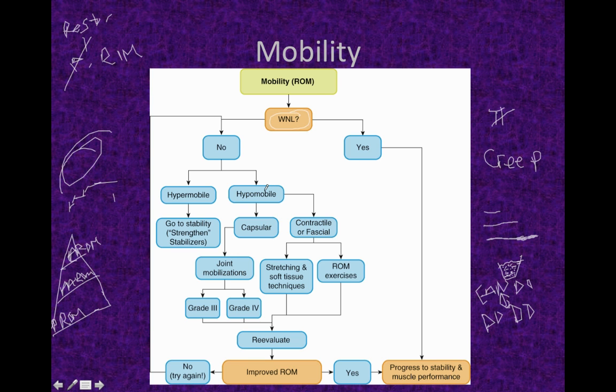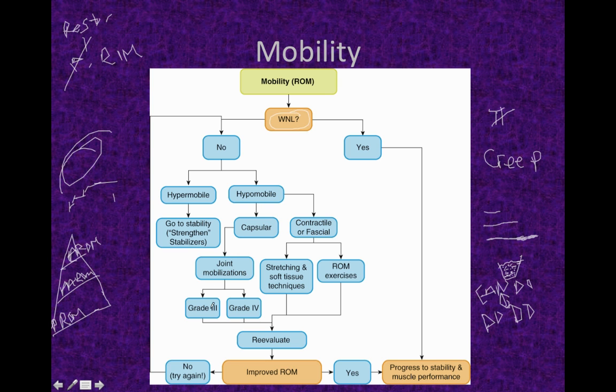Here is where this gets a little more detailed than we're going to get into in this class, but it's worth pointing out. A capsular pattern means that you identify a specific component of the joint capsule, so anterior, posterior, lateral, and so on, that is restricted, so you have tissue fibrosis and such, and that's where you use joint mobilizations.